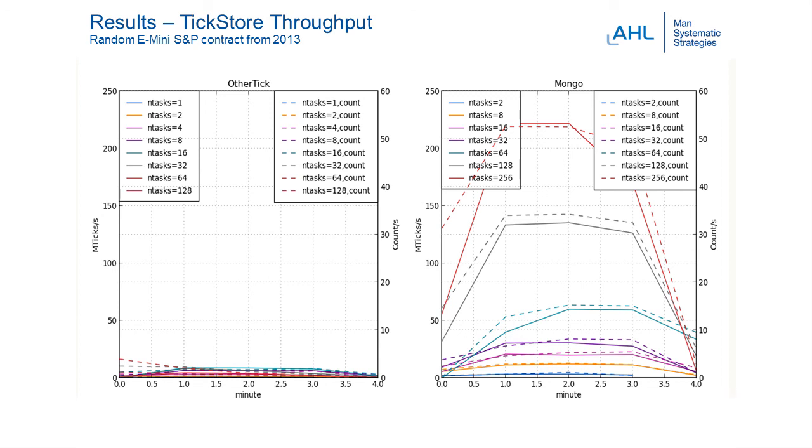On the left-hand side, we've got millions of ticks per second, going from 0 to 250 million, same scale on both sides. And on the right-hand side is the number of contracts or symbols this thing is churning through. Again, it's the same limited set, trying to keep the working set to one that will fit in memory, which is actually a sensible use case for us.